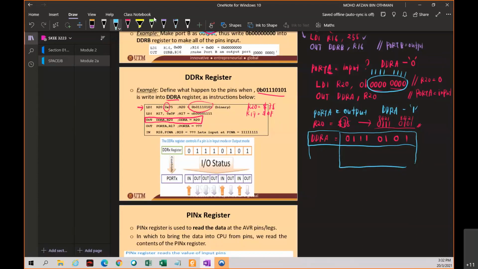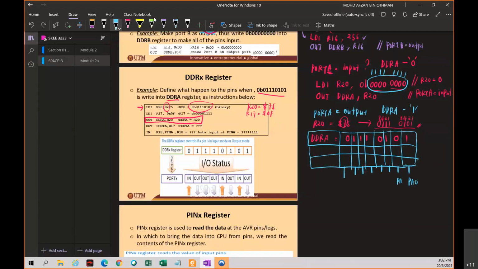Dan kamu ada port A, and then this is pin A. Kita letak dalam kotak. Okay, and then this is the kaki lah. Okay, the kaki. Okay, so this is PA0.